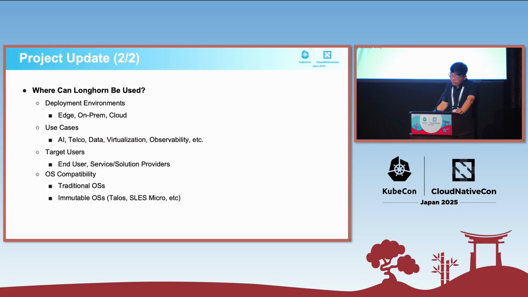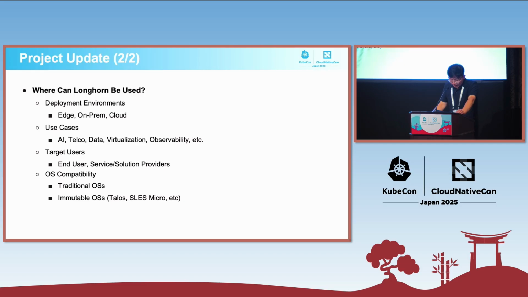For virtualization, because Longhorn supports live volume migration, we see some people use Longhorn with KubeVirt. When you use KubeVirt, you want to move your VM from node A to node B. So you have to move your volume to a different node. So Longhorn is a very good and strong choice for KubeVirt.